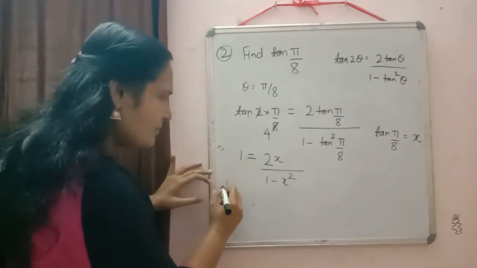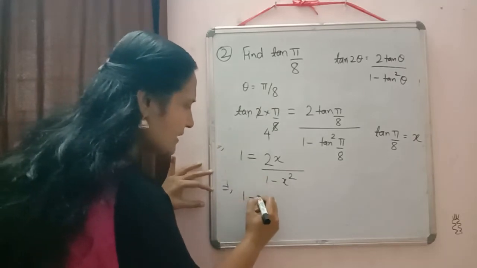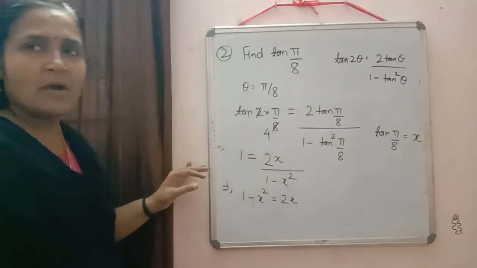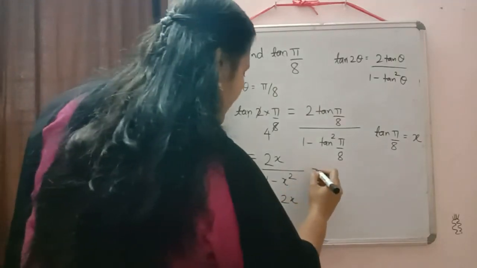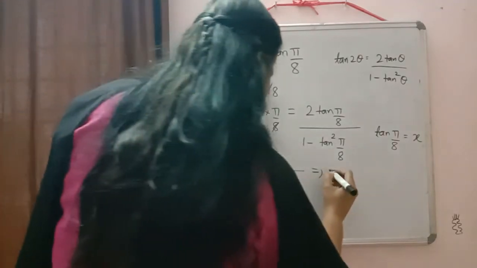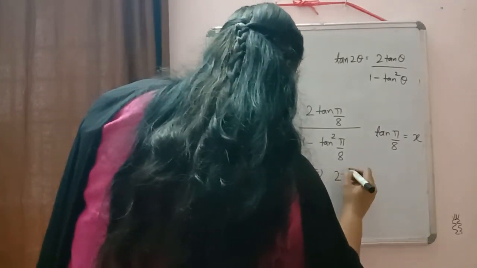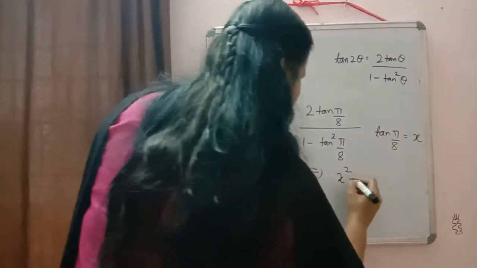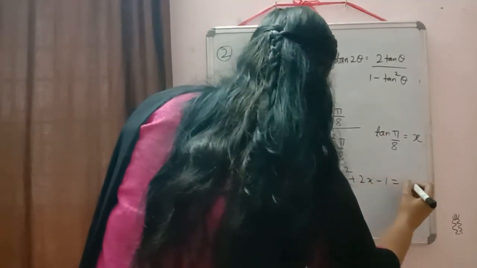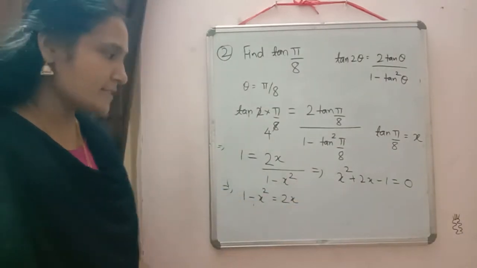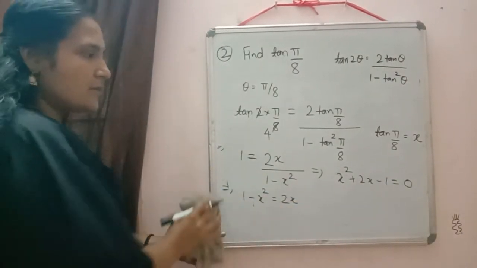Now we can simplify it by cross multiplication, then we will get 1 minus x square is equal to 2x, or we can shift everything to one side. Then it will be x square plus 2x minus 1 is equal to 0. Correct? X square plus 2x minus 1 is equal to 0.